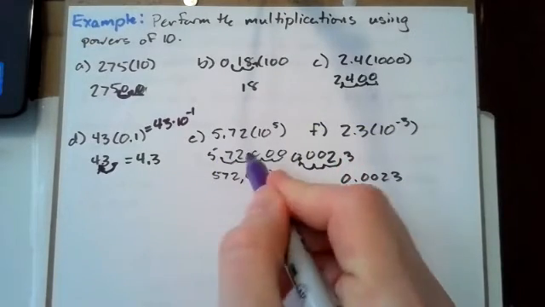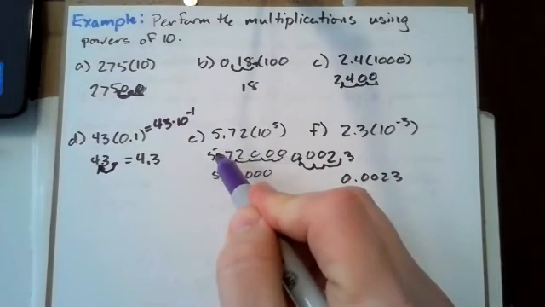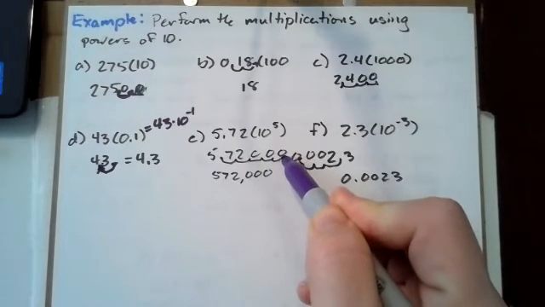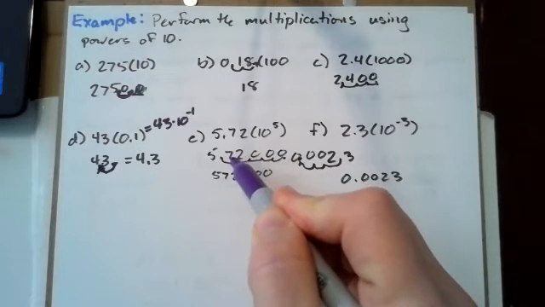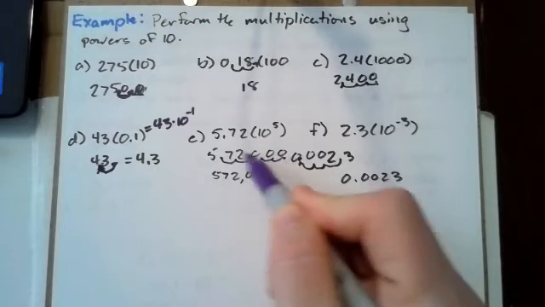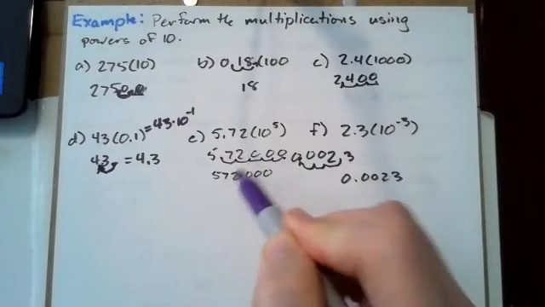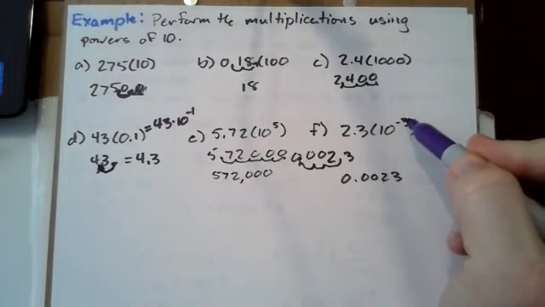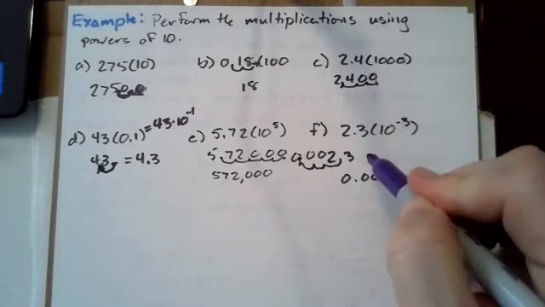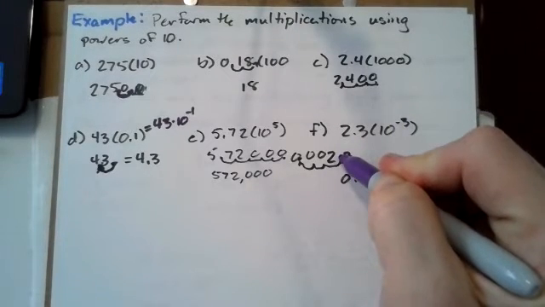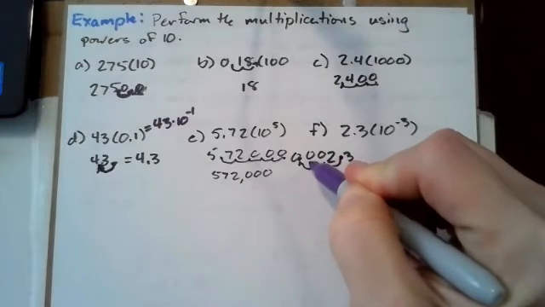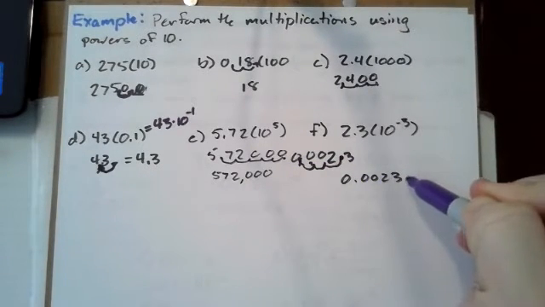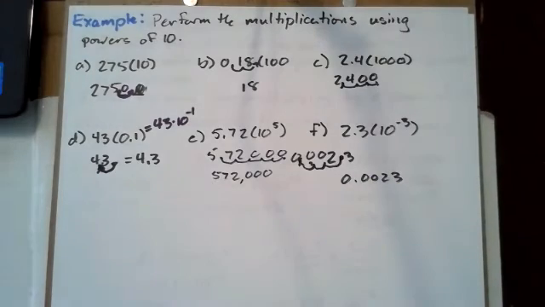I take my decimal point and I move it to the right 5 units. 1, 2, 3, 4, 5. It goes around 7 and 2, and I have to have 3 more zeros in there. That's 572,000. Finally, 2.3 times 10 to the negative 3. I take that decimal place and I move it left 3 units. 1, 2, 3. I have 0.0023, and by convention, I'll stick a 0 out front.